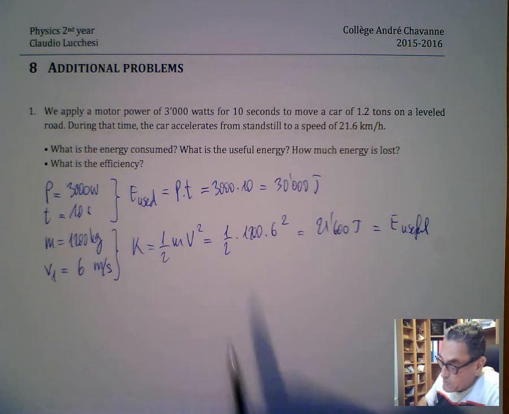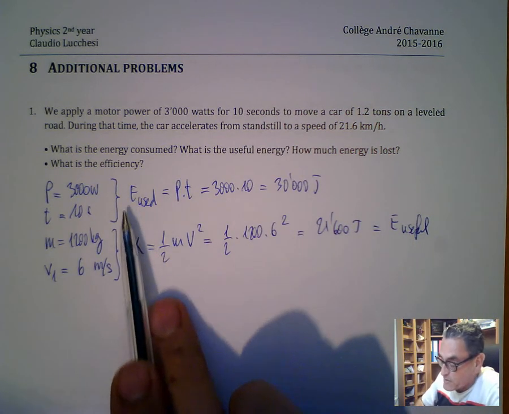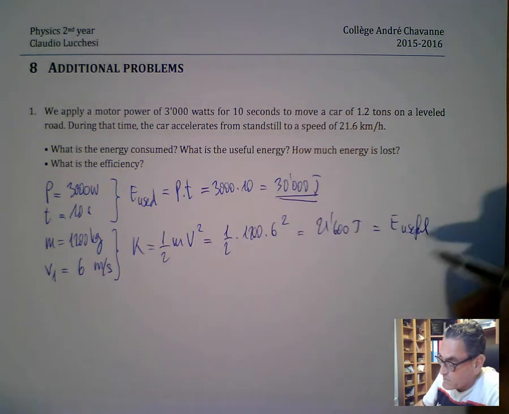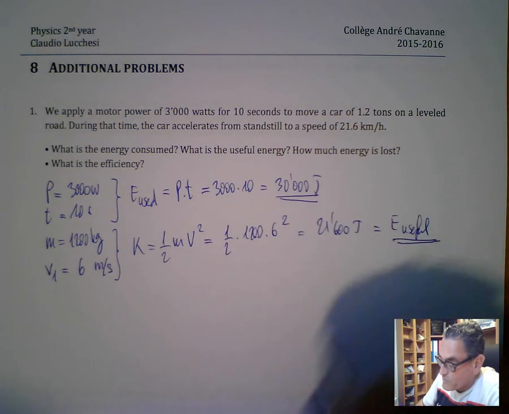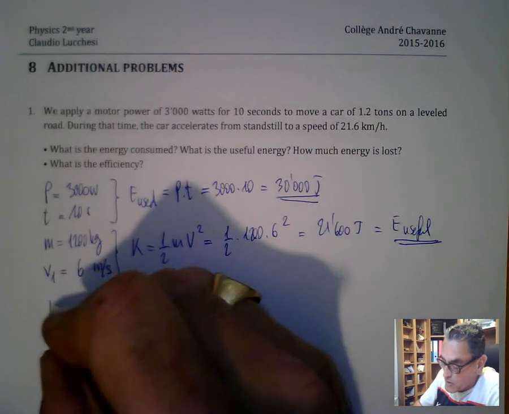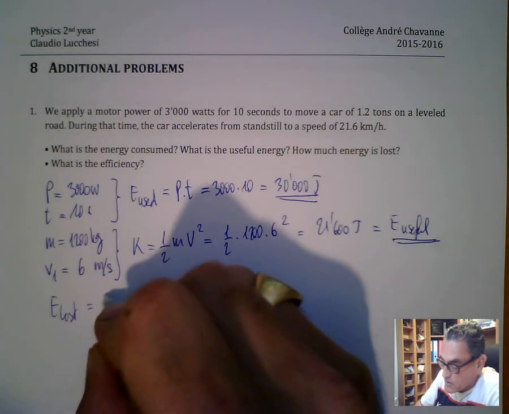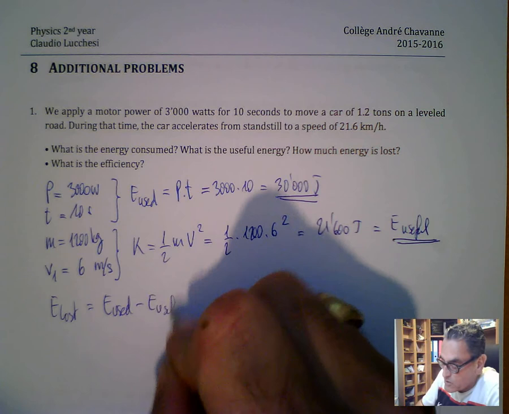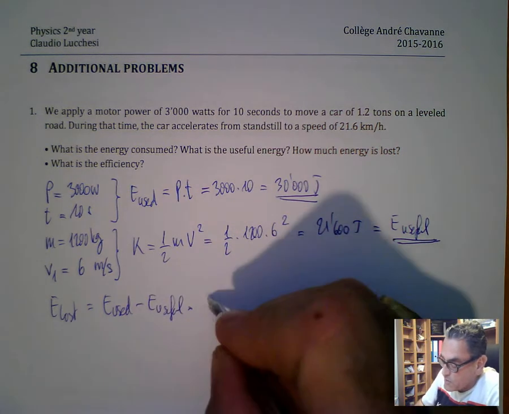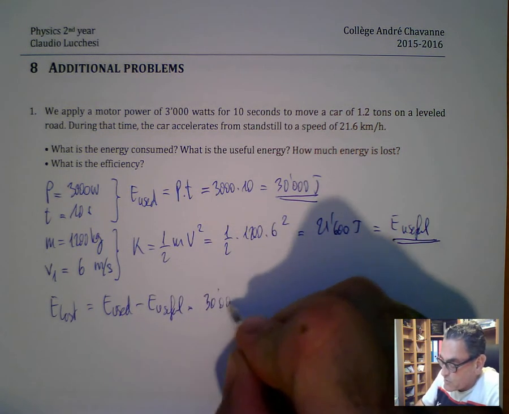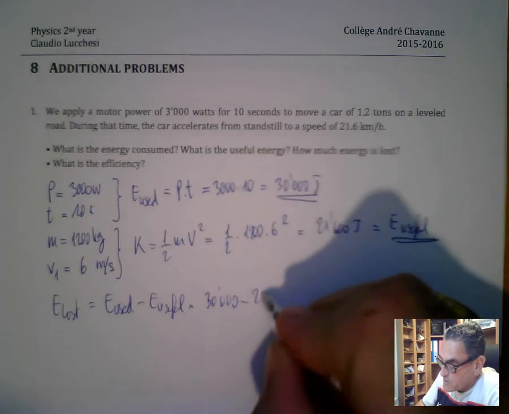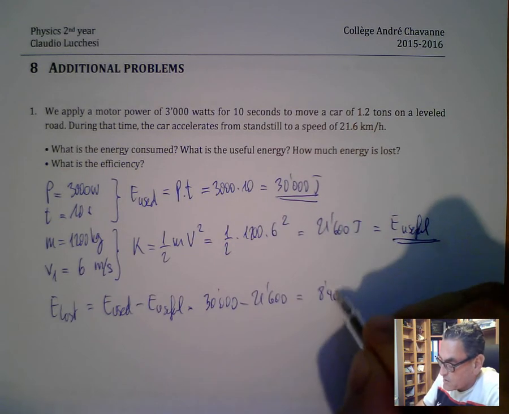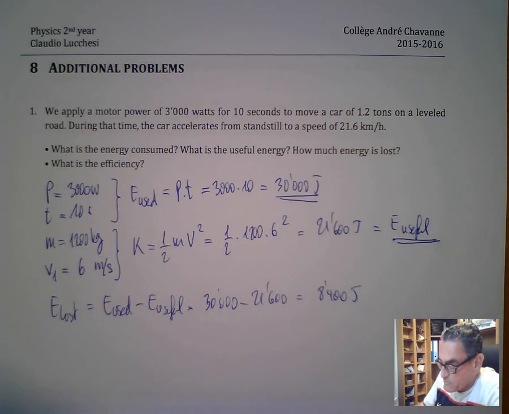Good. So we have the energy consumed, it is this one. We have the energy which is useful. How much energy is lost? The energy lost is the energy which is used minus the energy which is useful. So it's 30,000 minus 21,600, which is 8,400 joules.